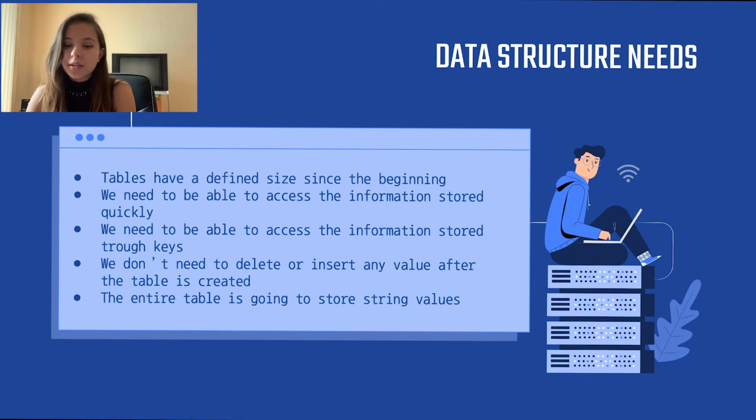We don't need to delete or insert any values, as I mentioned, and the entire table is going to store string values because the CSV gives you the table directly in a string format, so you don't need to use any other data type.